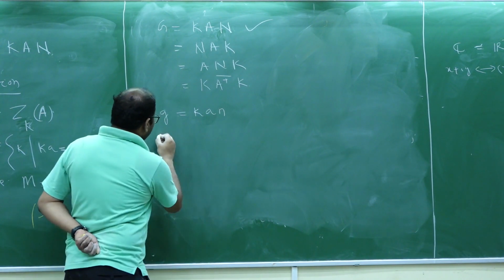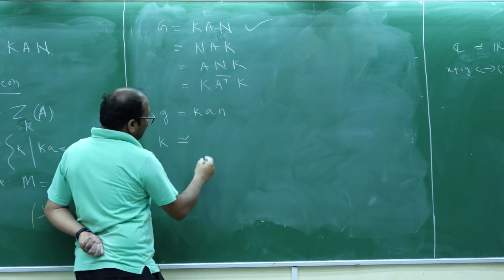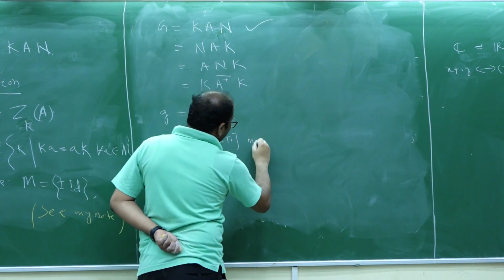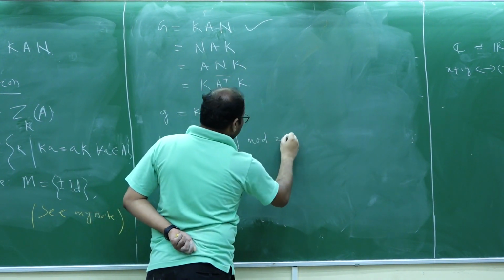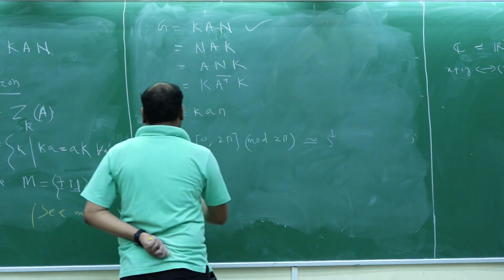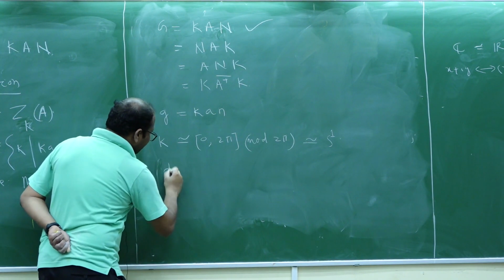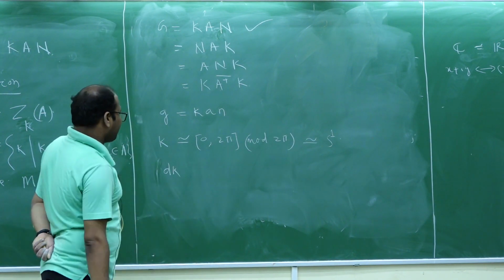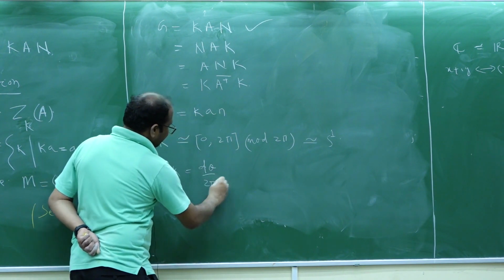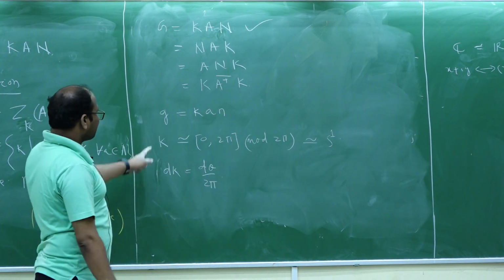Now this group K is isomorphic to the group 0 to 2 pi modulo 2 pi, which is nothing but S1. So this group has a measure dk, which is nothing but d theta by 2 pi. This is a measure on this group.